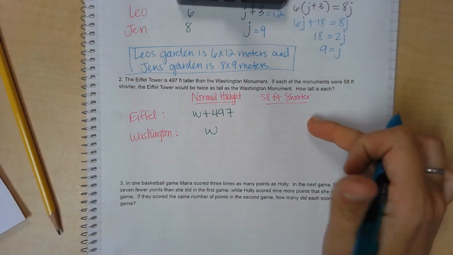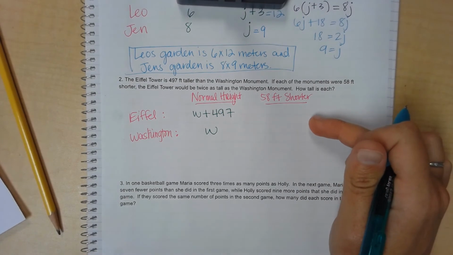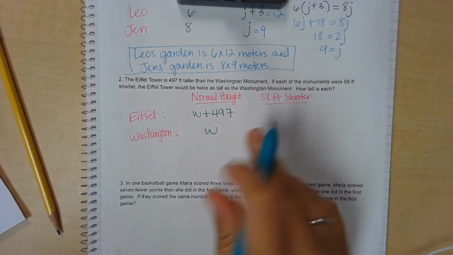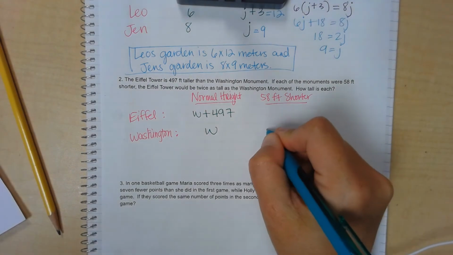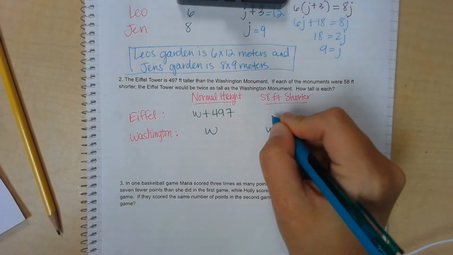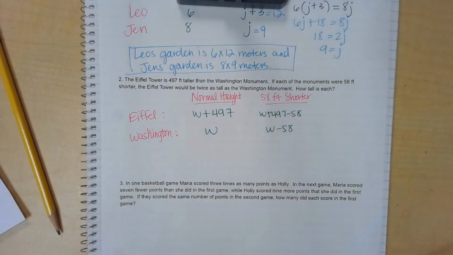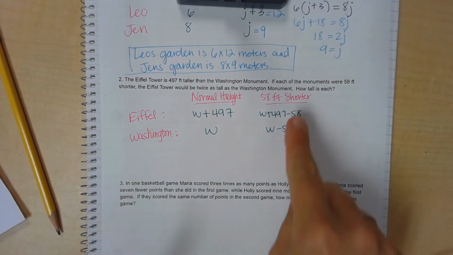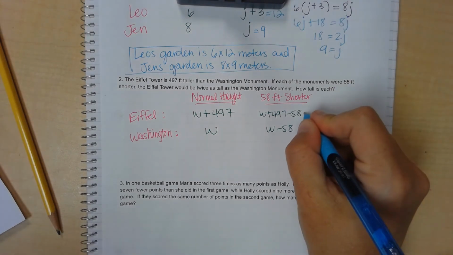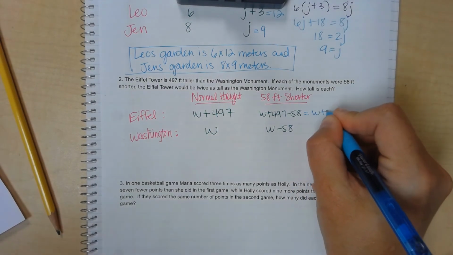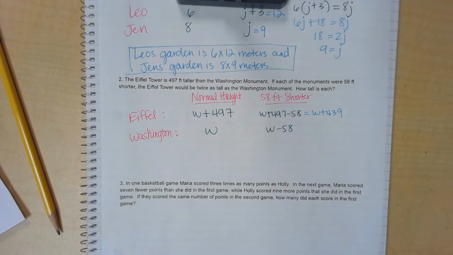Okay, and then over here, if they're each 58 feet shorter, you would just take each of those expressions and subtract them by 58. So, like that, which essentially this one just becomes W plus 439.